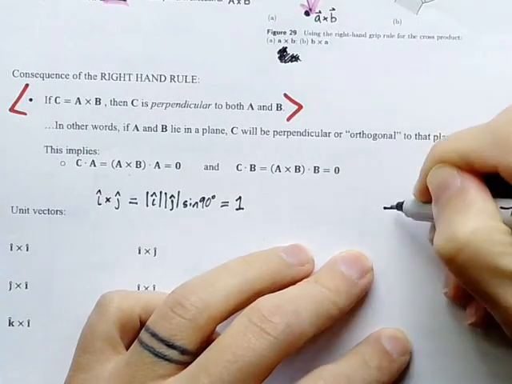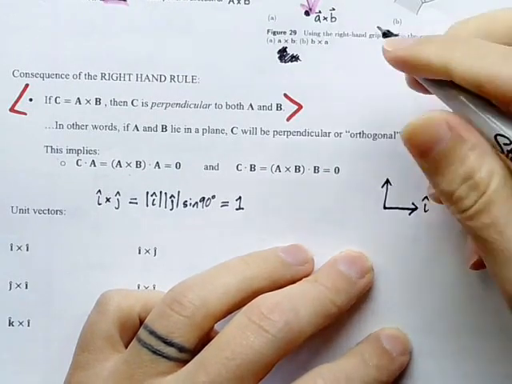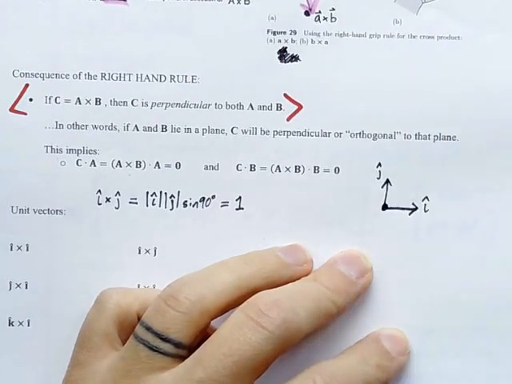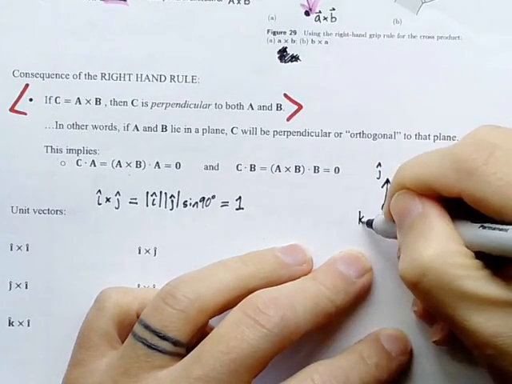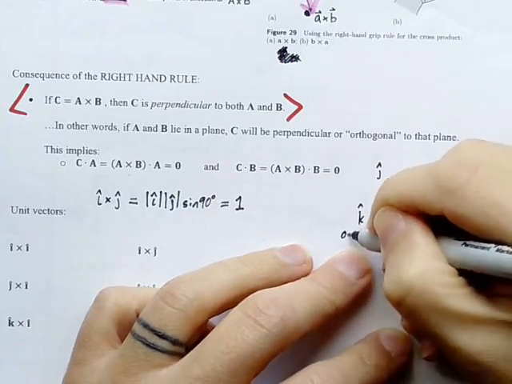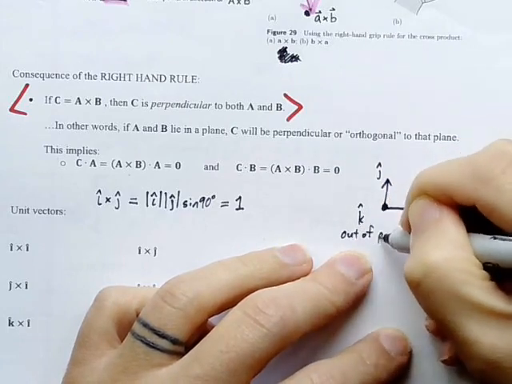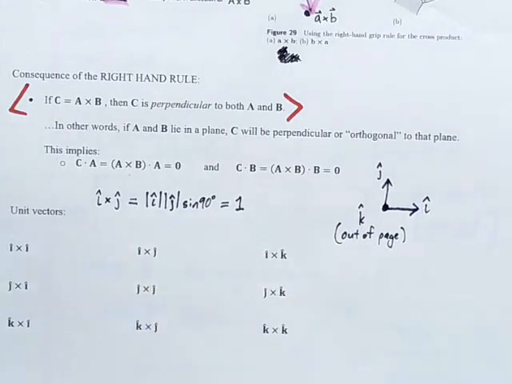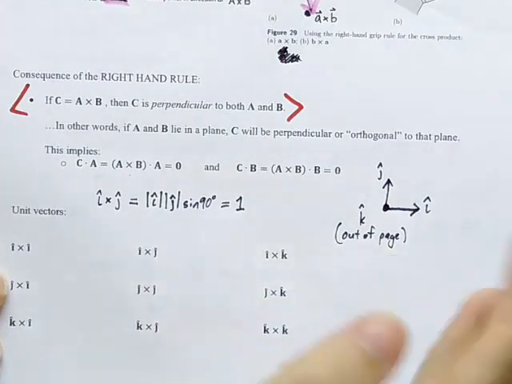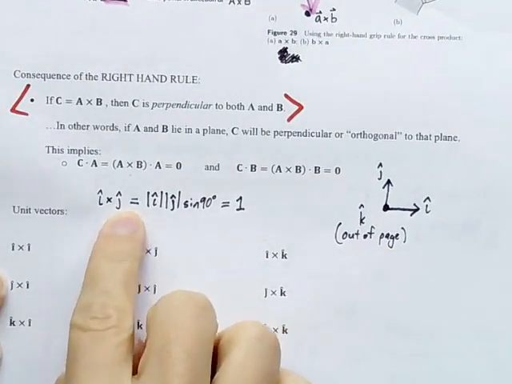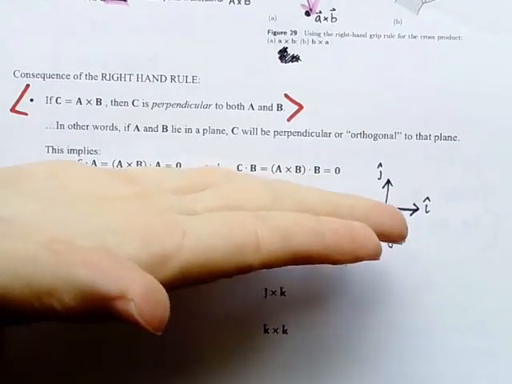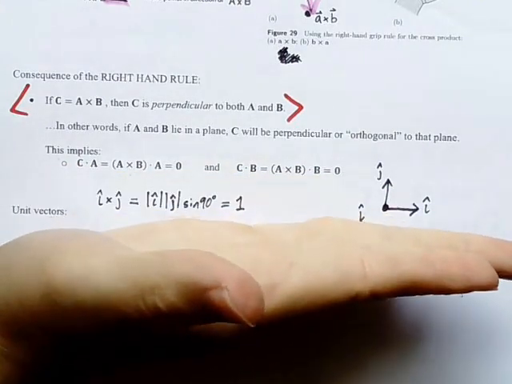i hat to the right, j hat up, and we're going to have k hat coming straight out of the page. Get out your right hand, and we're going to do i hat cross j hat to find the direction of our new vector. So fingertips in the direction of i hat with palm pointing towards j hat.